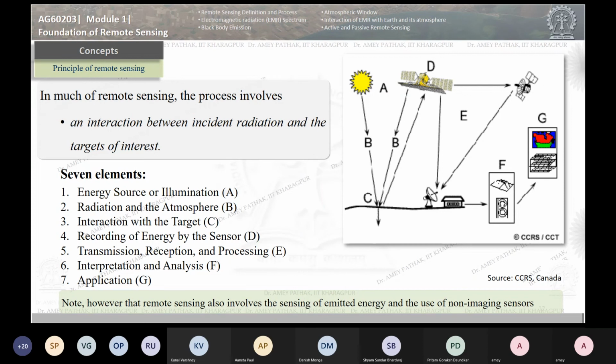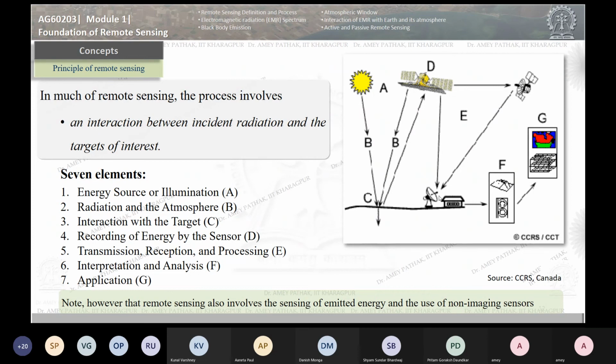That data can either be sent directly to the Earth, or it can be sent to another air station or space station. Again there will be some interaction. So transmission, reception, and processing is shown by this E.